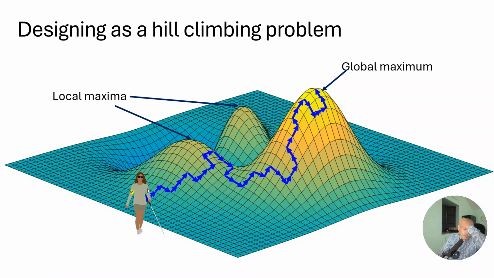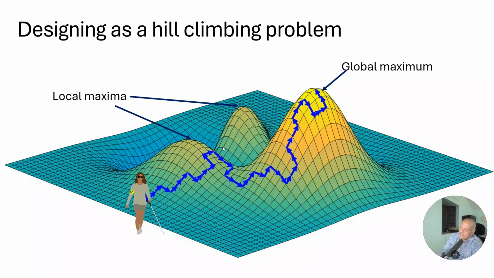The only thing you have is a blind person's stick, and using that stick you can sense whether the next step you are taking is going up or going down. Your task is to reach the highest peak, which is known as the global maximum. But there are other peaks around in that landscape, which are not global, which are called local maxima, where a small hill is there.